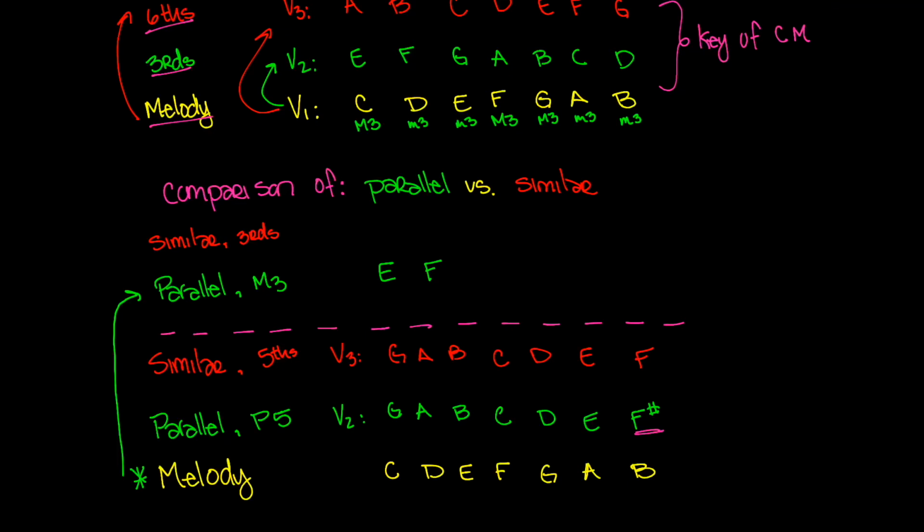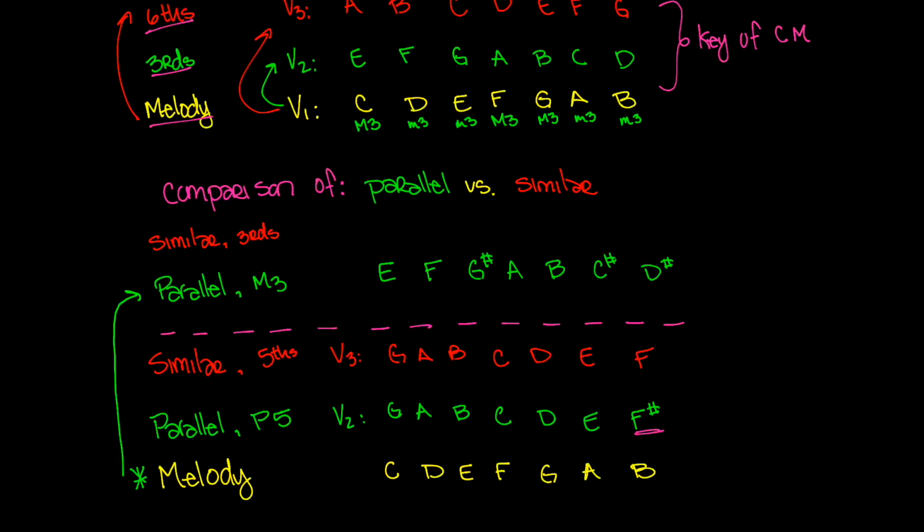Your third from an E would give you G sharp, and so on and so forth, A, B, C sharp, and D sharp. And what you can really see is that you're way off of your key signature at this point. If we do everything as parallel, G sharp is not in the key of C major. Neither is C sharp or D sharp.